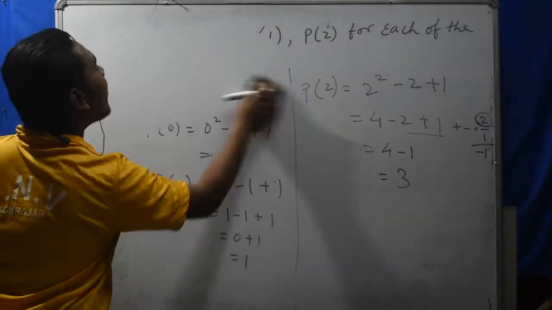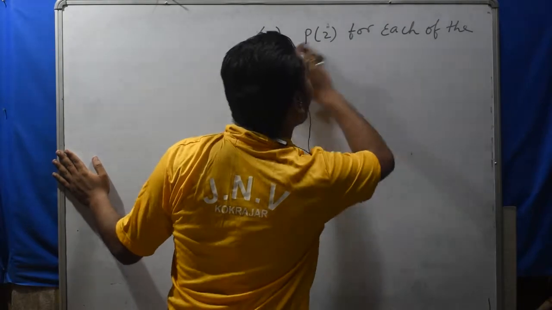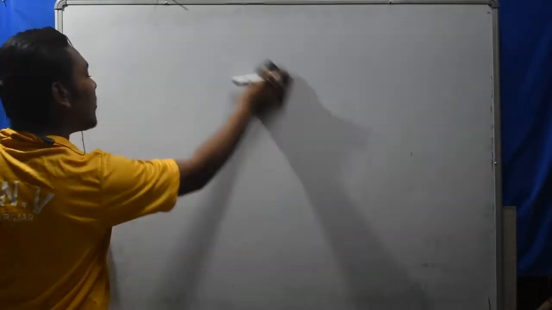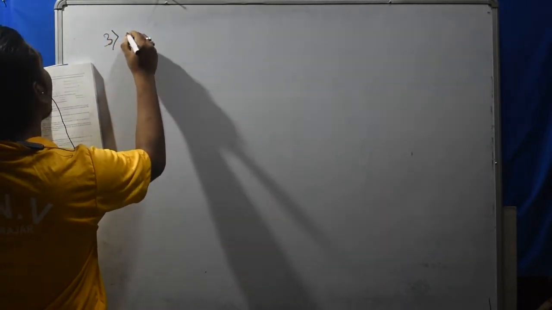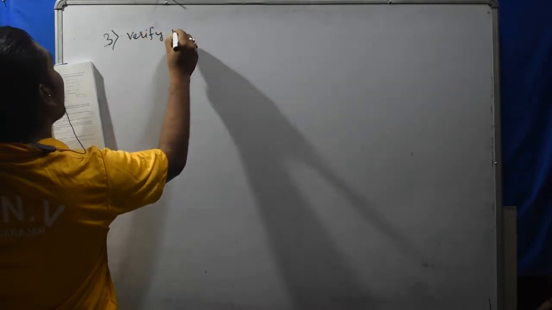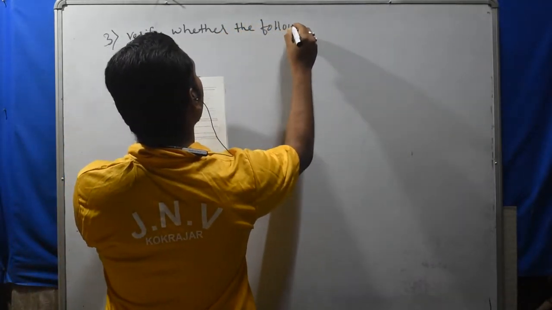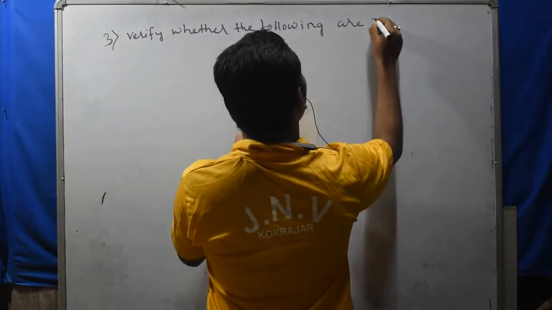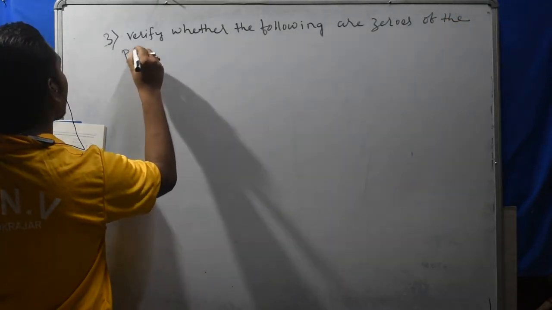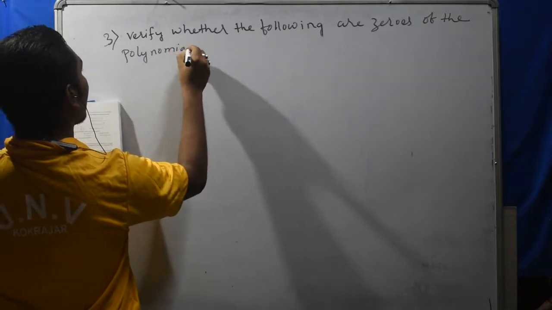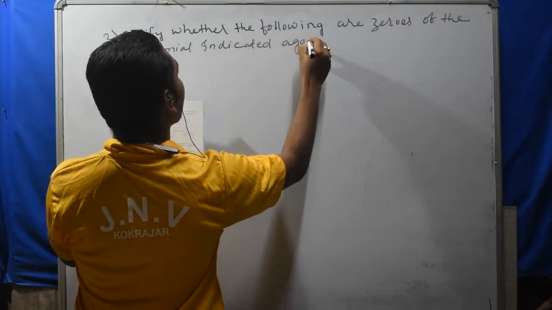So here, putting the value of x or y, whatever is given, if you find p(x) is equal to 0, then yes, it is the zero of the polynomial, otherwise not.